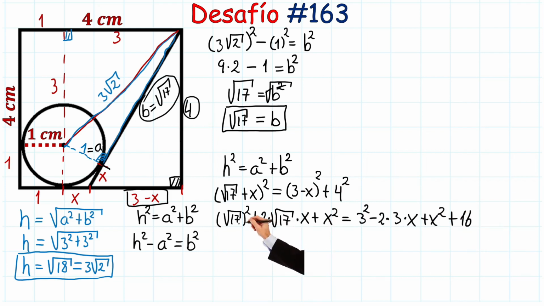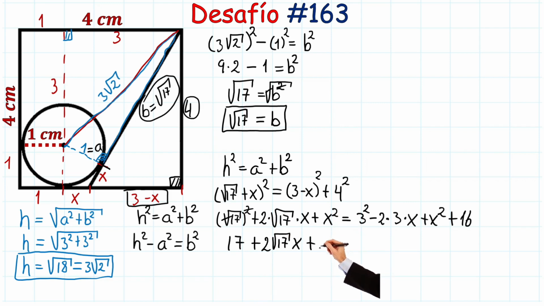Now we are going to start eliminating roots and operate. Over here I have the square root, and I have to raise it to the square. It cancels out, and I'm left with 17 plus. Around here I have 2 times the square root of 17 times x. We can't do anything here.